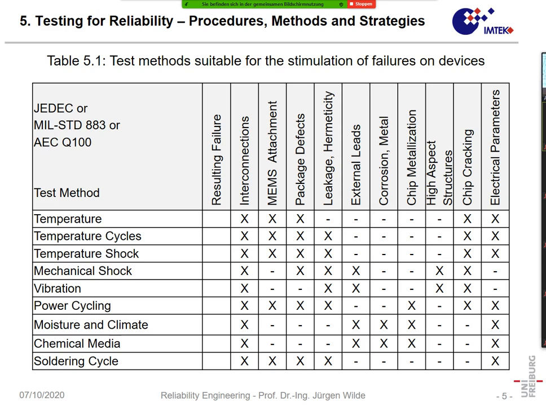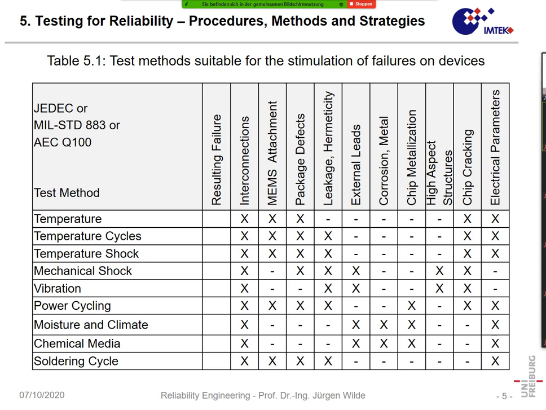For the electronic parts, power cycling is very important. So some motor is turned on, turned off, and so on. We have a driving transistor, and that driving transistor always dissipates power, and that power heats it up, for instance by 100 degrees or so, and that again can lead to fatigue.